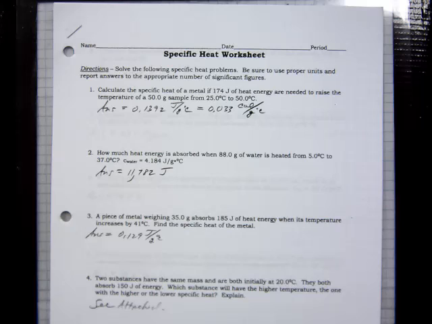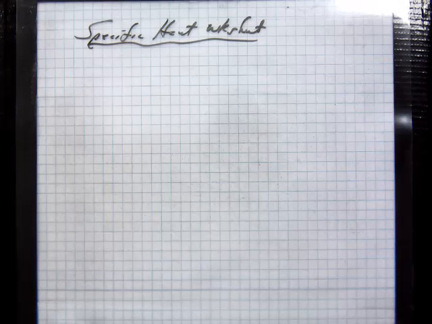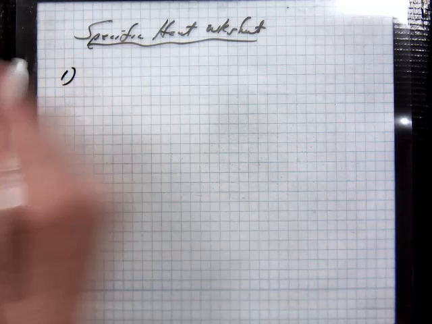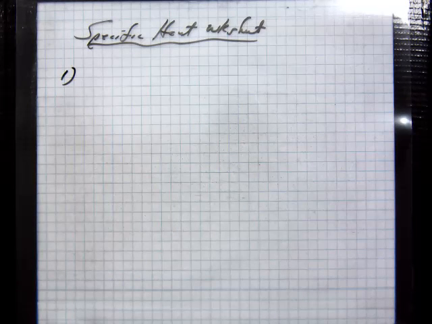Okay, so you'll have problems like this. Somewhere in your mixture of questions, you've got temperature changes going on everywhere. Look at number 1. Calculate the specific heat of a metal.